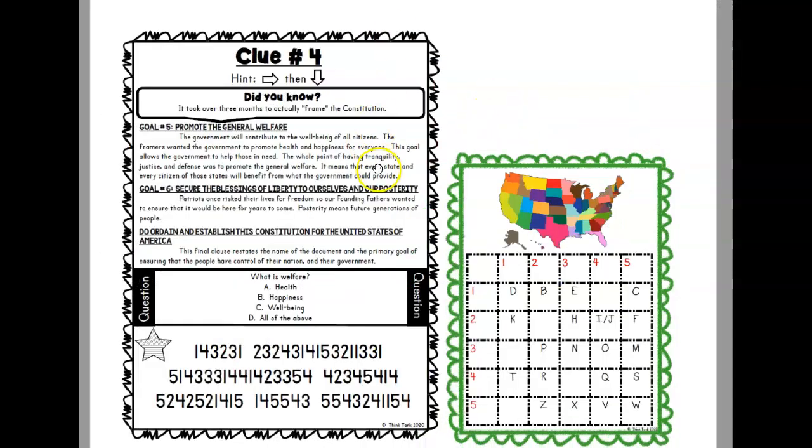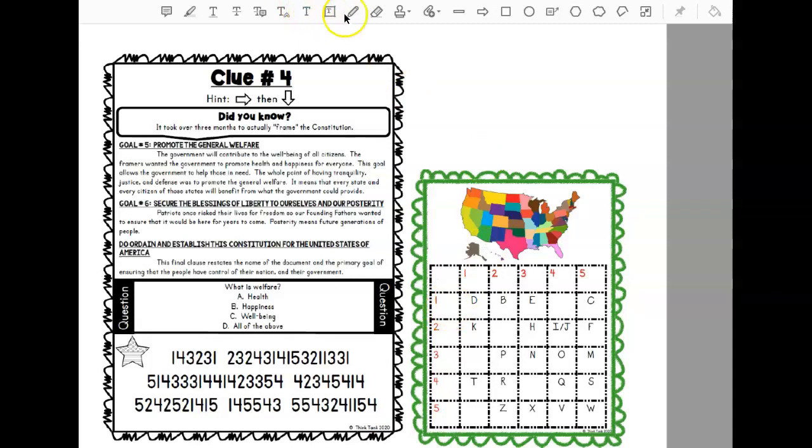Room number 4. This is a big hint right up here at the top. You go this way, then you go down. So you're going to read all this, you're going to answer this question, and then the first one says 1 across. So I come over here, and I'm going to draw a line so that you can kind of see this. 1 across.